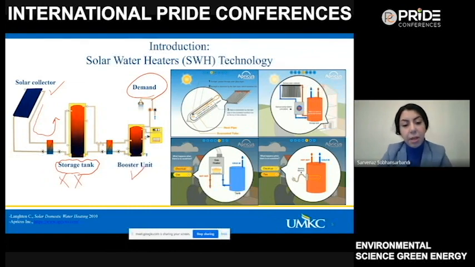Therefore, most of these technologies require a booster unit which utilizes electricity or gas to heat up this water so it reaches the temperature you're looking for on the demand side. However, then what would be the point? We are trying to utilize a green source of energy to replace coal or electricity generation, and this booster unit is now a troublemaker.